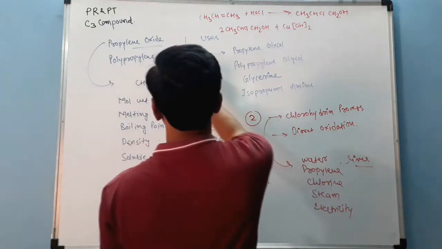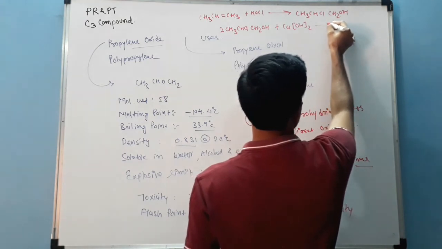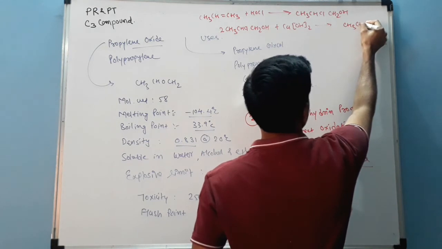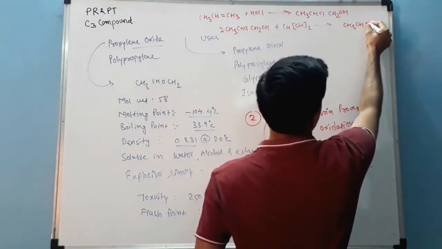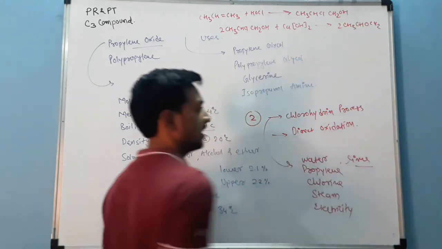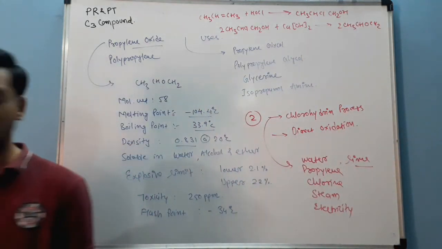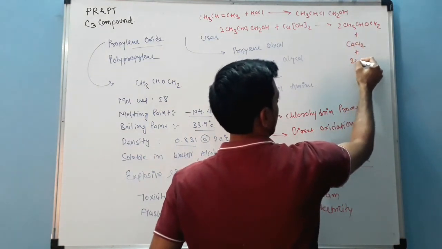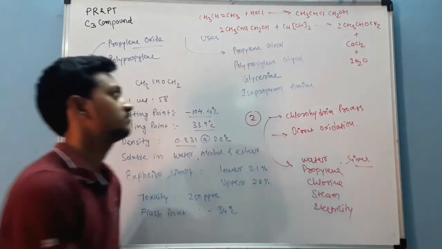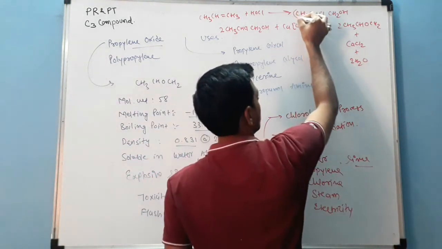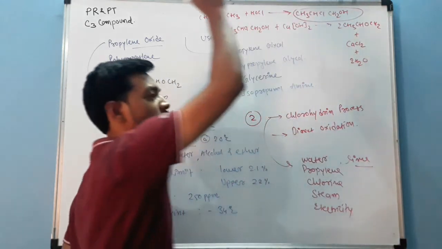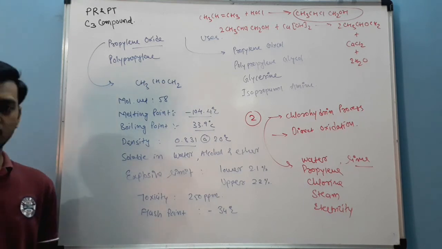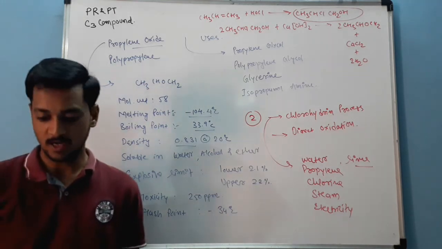It gives propylene oxide CH3CHOCH2, and CaCl2 and water are released. CaCl2 and water. So this is hypochlorous. Okay, sorry, chlorohydrin.